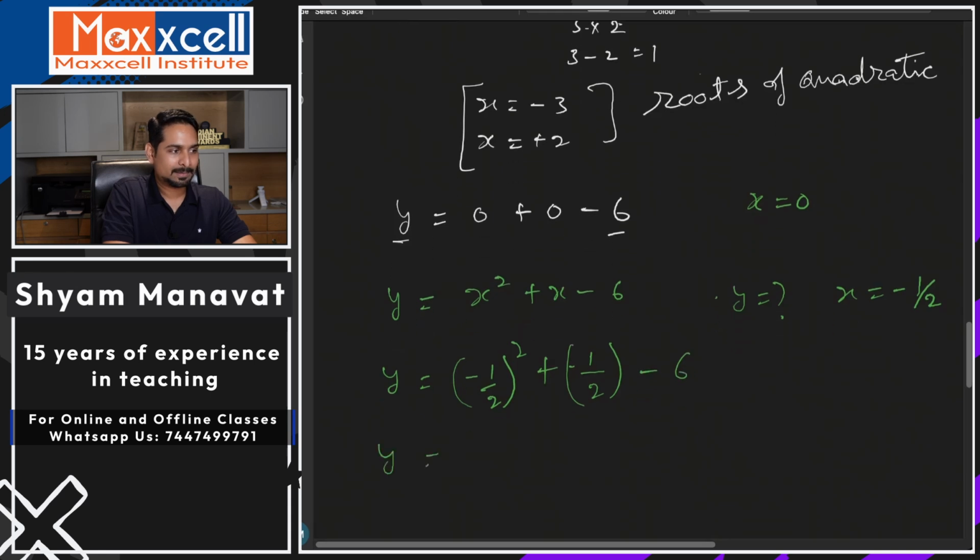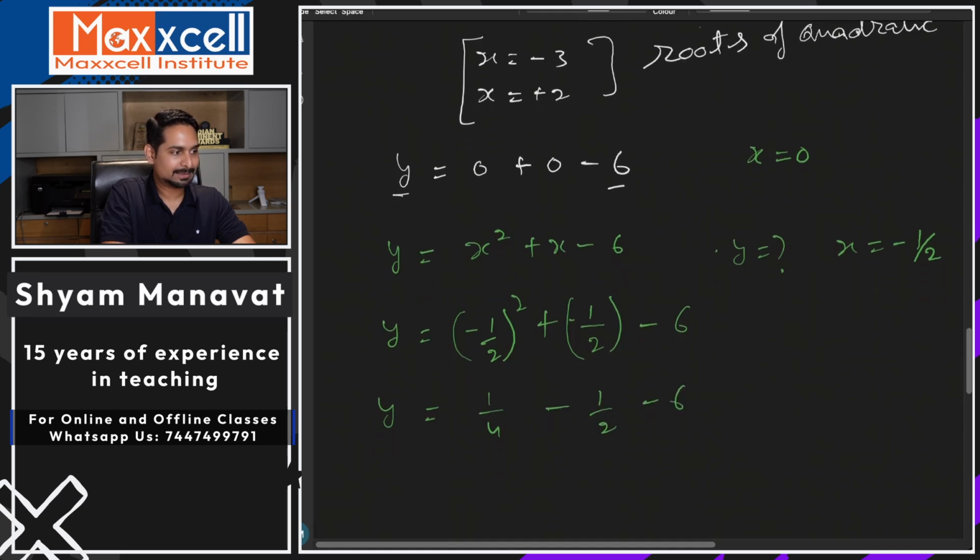Simplify. This will be 1 by 4, this will be minus half and this is minus 6. Let me use decimal points. 1 by 4 is nothing but 0.25, and minus 1 by 2 is minus 0.5, minus 6. This will get you minus 6.25.